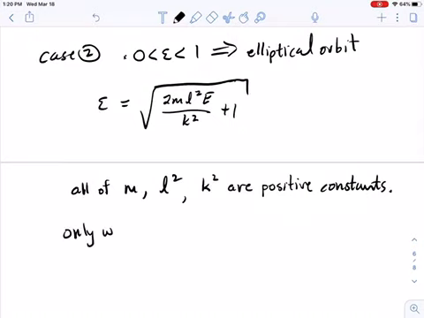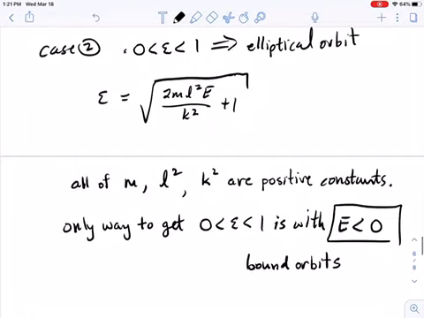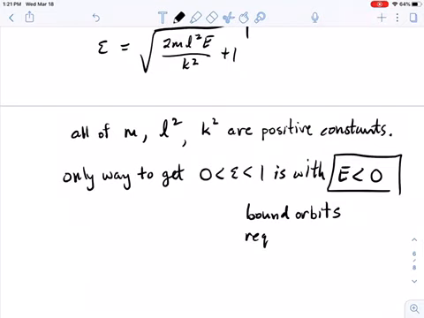The only way to get an eccentricity between 0 and 1 is with E less than 0. And so this says that bound orbits require a total energy less than 0.